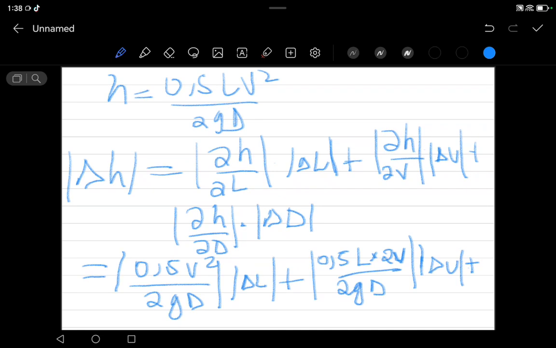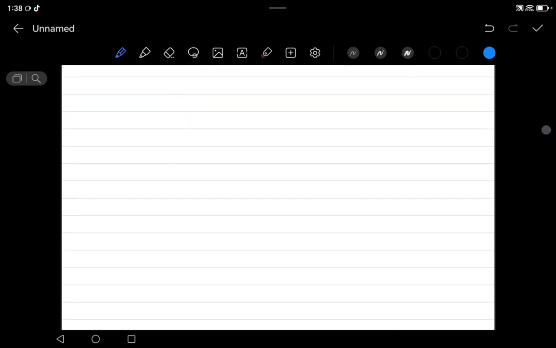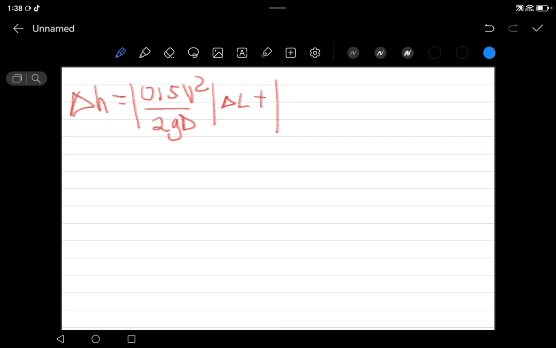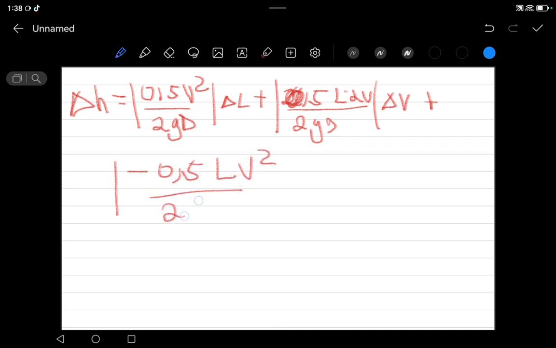Plus 0.5 L times 2V over 2gd multiplied by change in V, plus the partial derivative of h with respect to d, which is going to be negative 0.5 LV squared over 2gd squared multiplied by change in d.